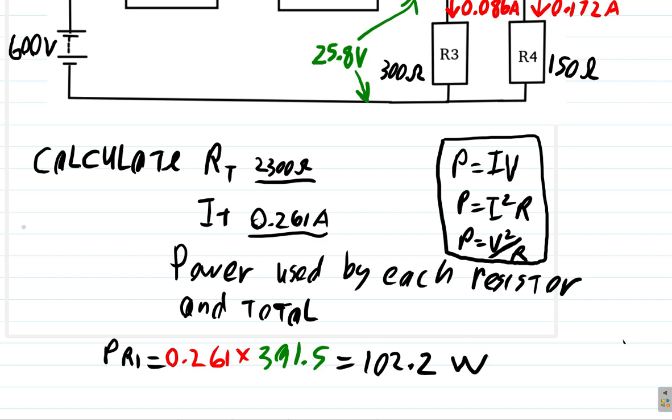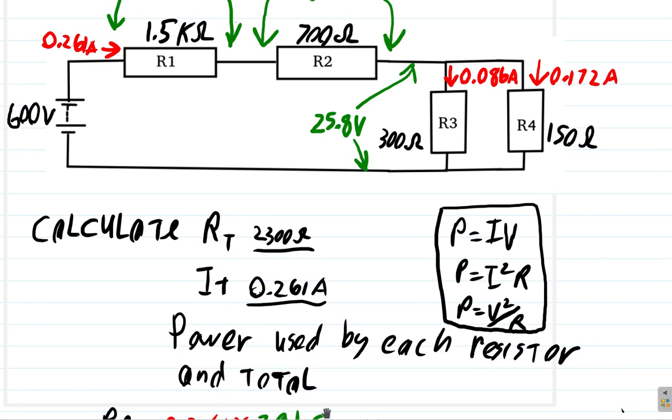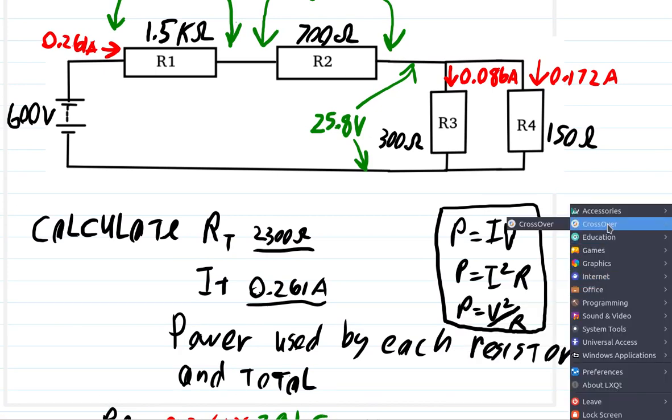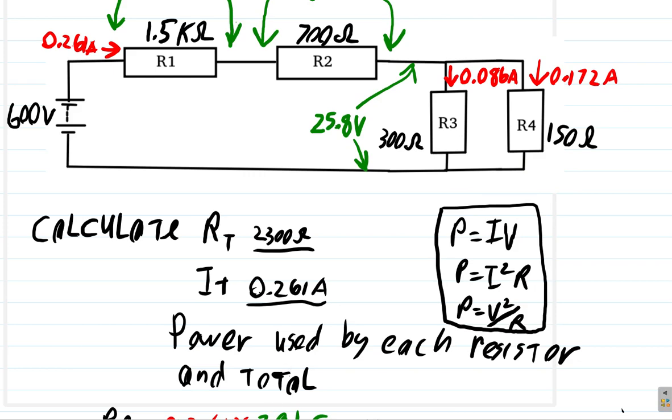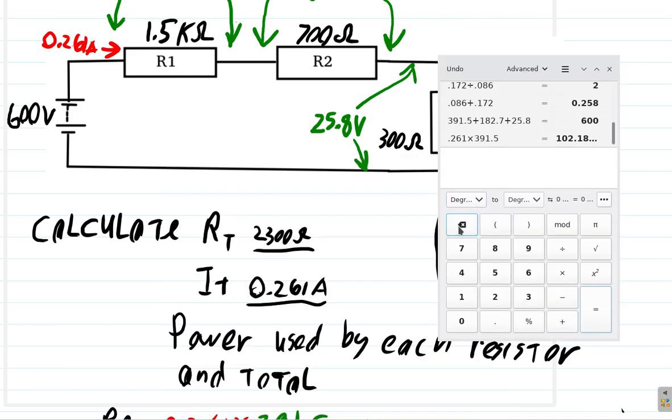If you had used I squared R, what would happen? Let me get my calculator and use I squared R. 0.261, that's the current, squared, multiplied by the resistance, 1500, equals 102.2.